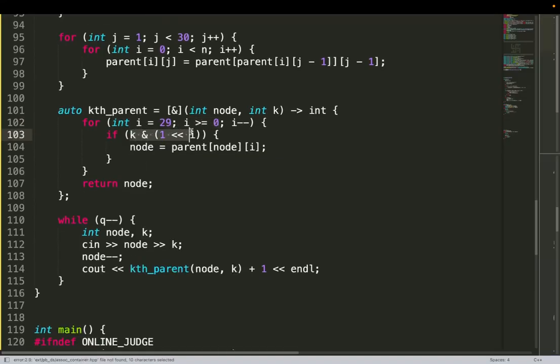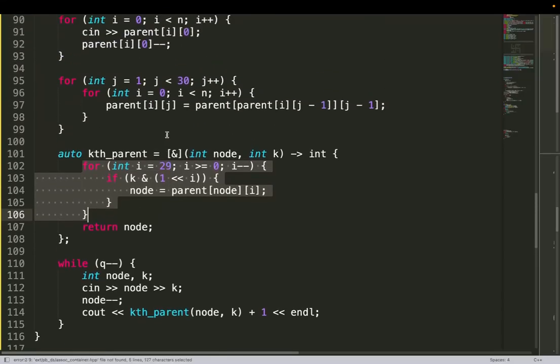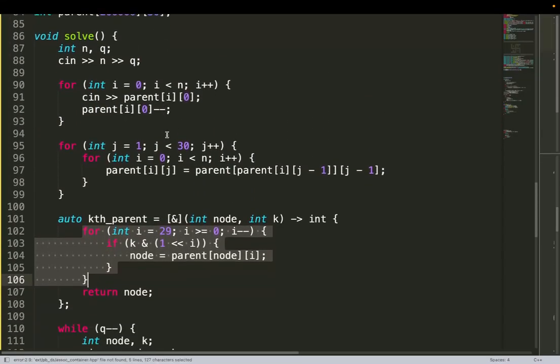If the bit value is set, then I am transferring my node to its 2 power ith parent, only if the bit is set, okay? And at the end, I am returning the node that I got. So this is how I am computing the kth parent for this particular node in just log k time. I hope this solution is clear to each and every one of you. Thank you.